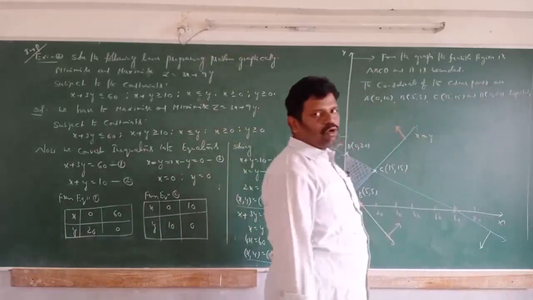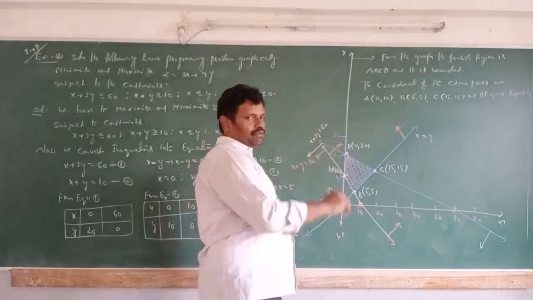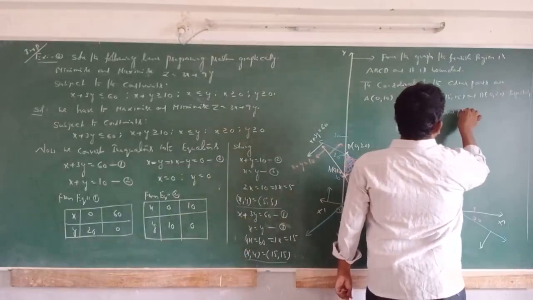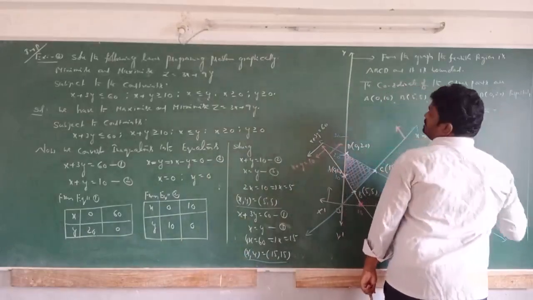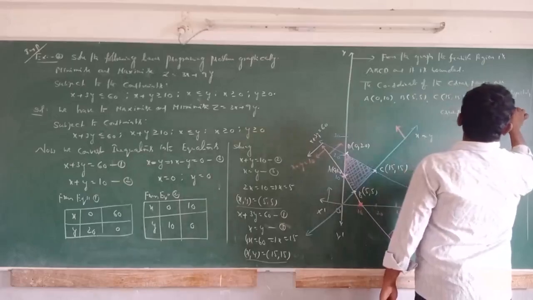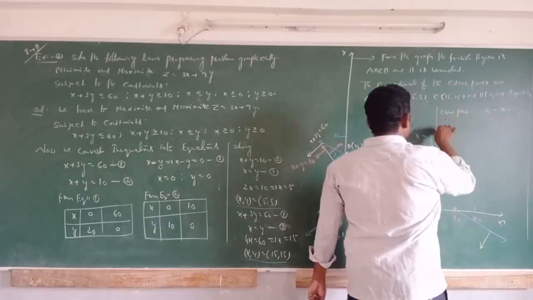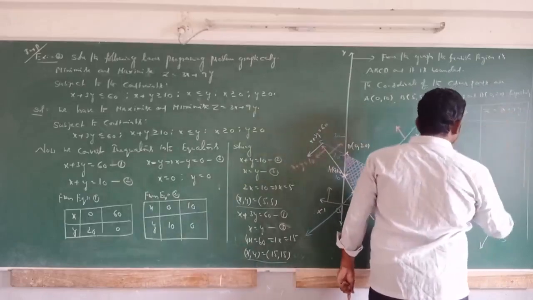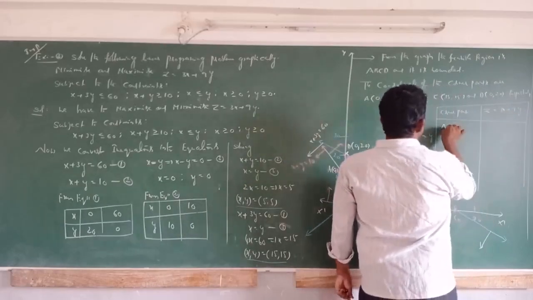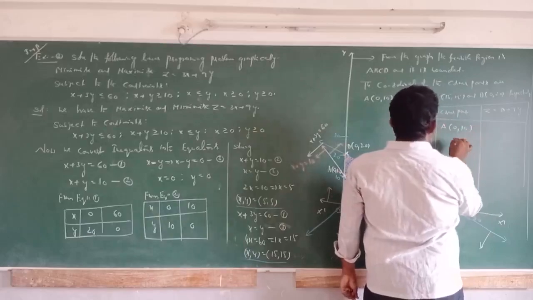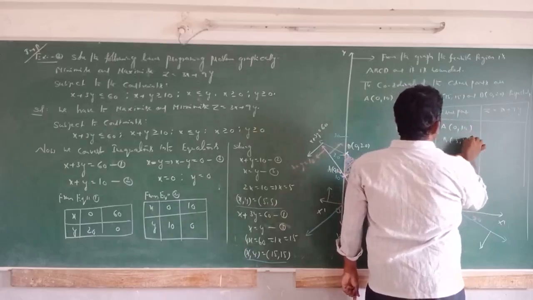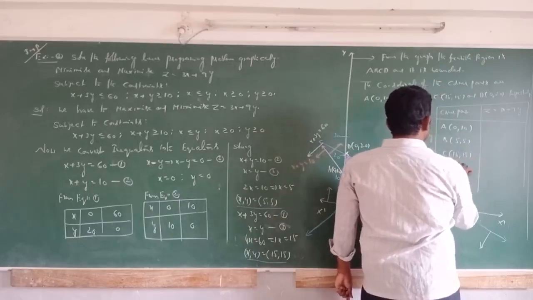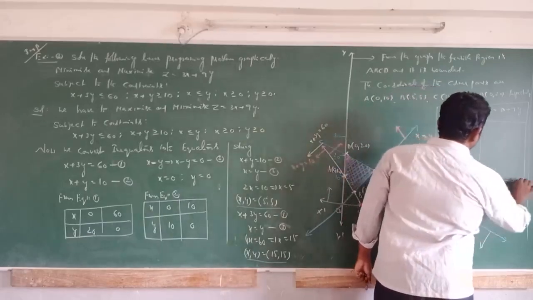Okay, now if you want to plot the table, in the table, corner point and z is equal to 3x plus 9y. First corner point A of 0 comma 10, B of 5 comma 5, C of 15 comma 15, D of 0 comma 20.